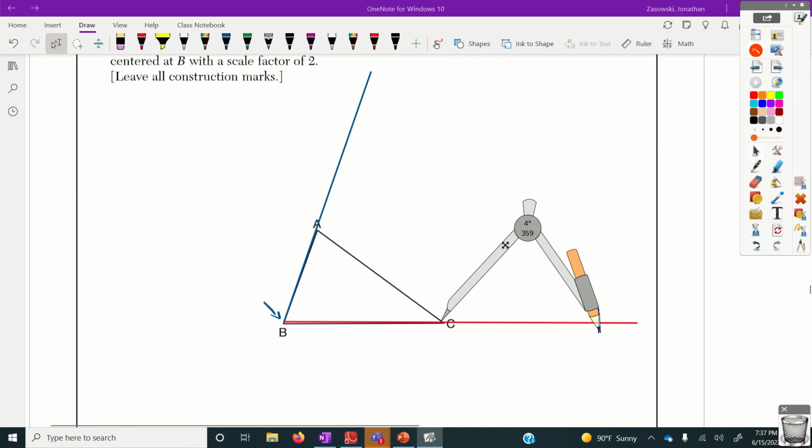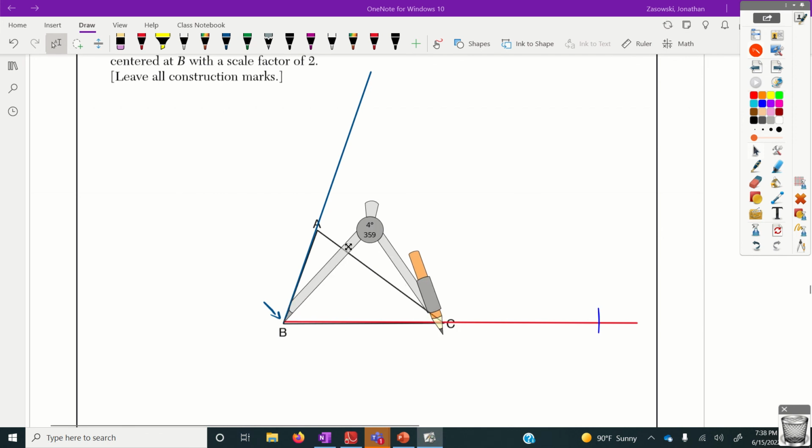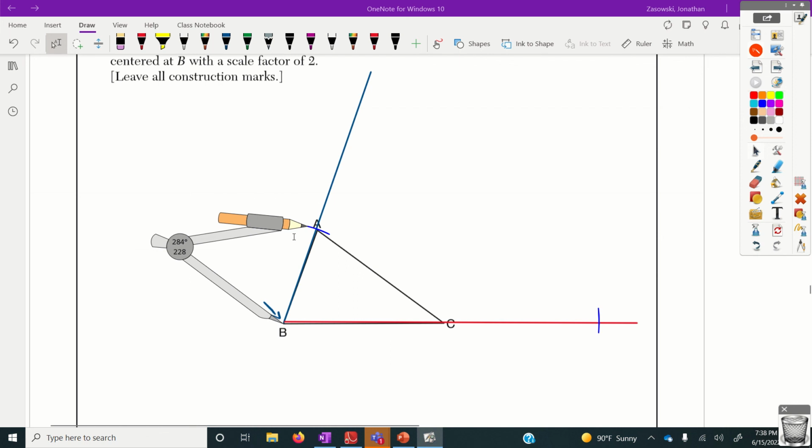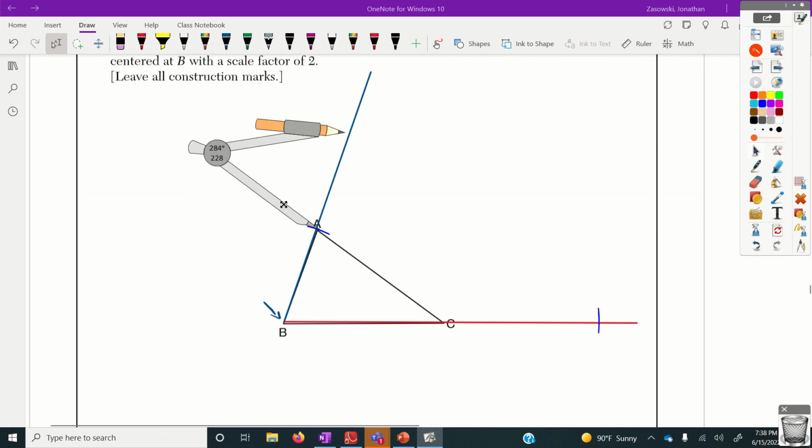All right. Back over to B, pencil on A. You don't necessarily have to mark off, but you can here if you want to indicate that you've measured that. And there's our length.